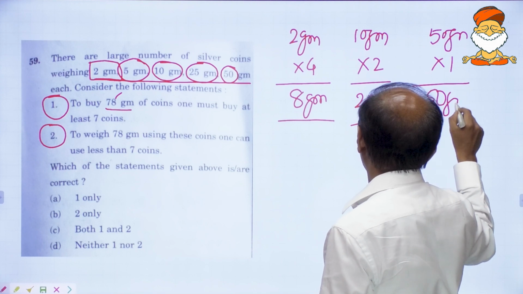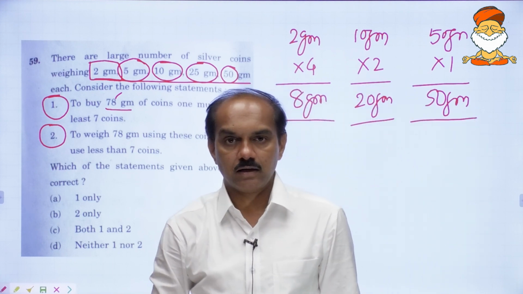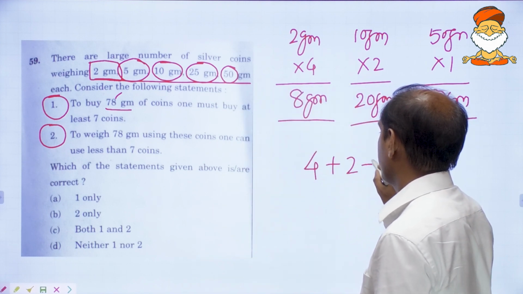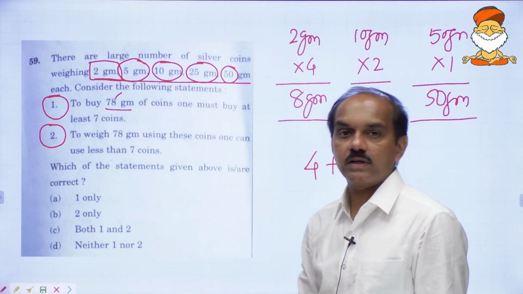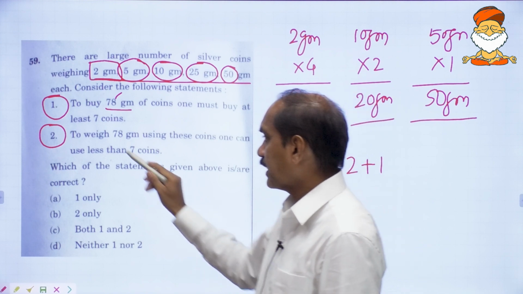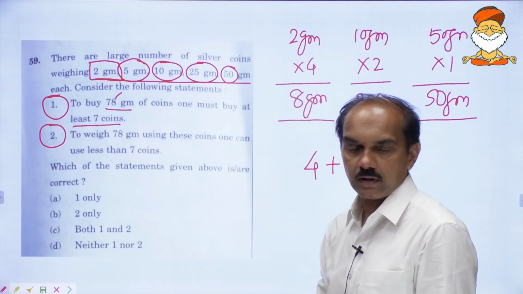So all these 3 together you will get 78 grams. And how many coins are a must? 4, 2, 1. And let me tell you, this is minimum. This is minimum, at least 7 coins. Of course, at least 7 coins we want.